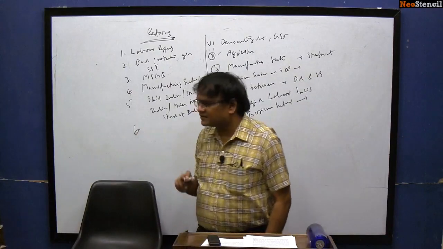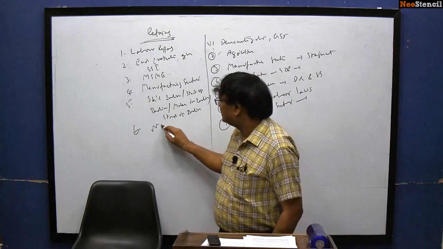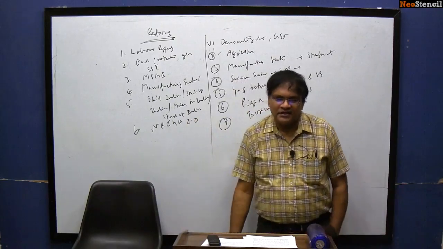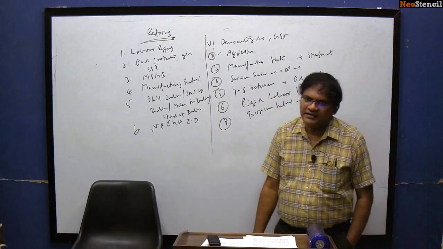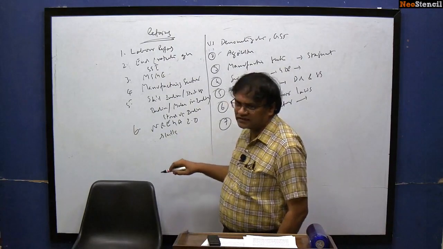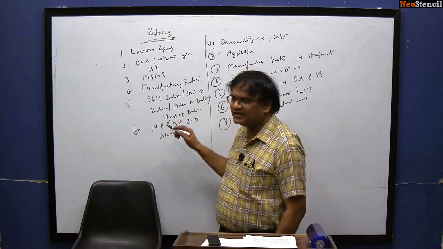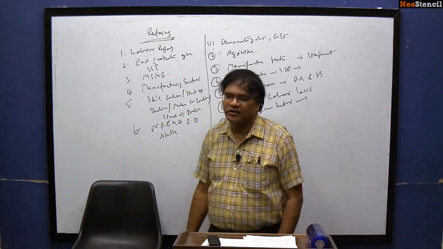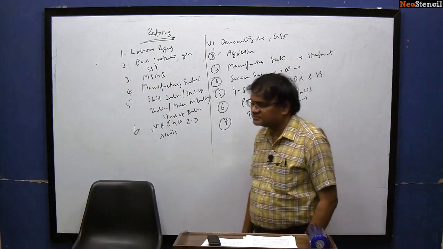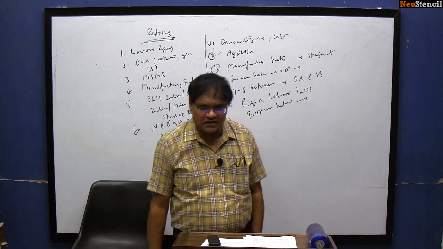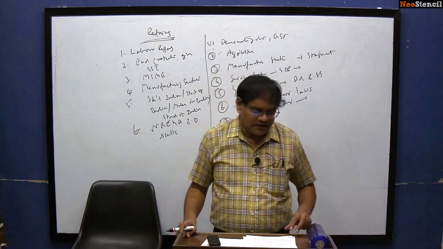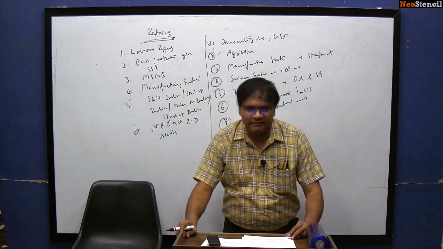Next, the government should focus on NREGA 2.0. NREGA 2.0 should focus on improving skills. So what the government can do is that half the amount of money to be spent on NREGA can be clubbed with the Skill India program. As we keep on saying, government cannot create employment for people.